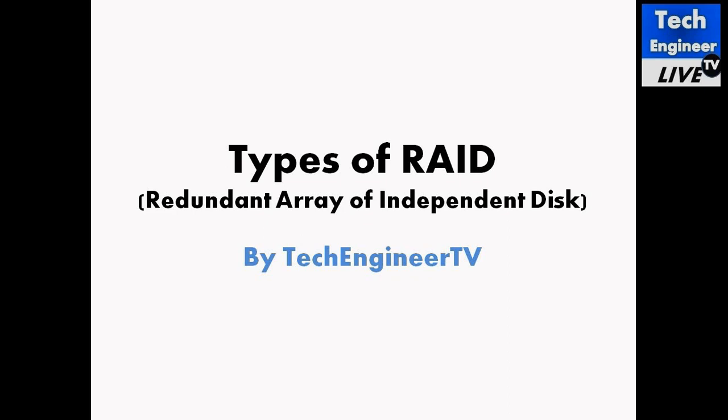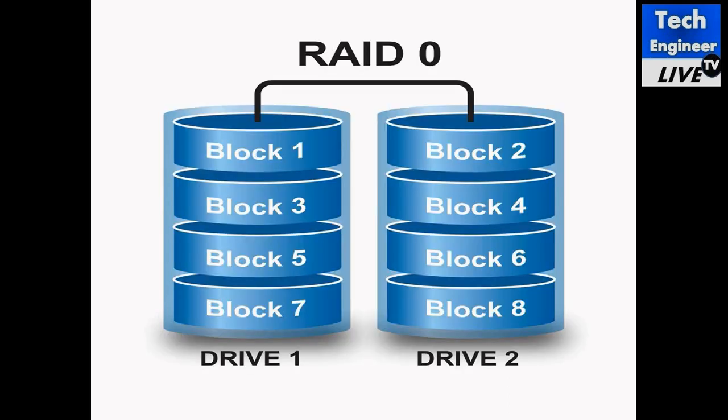Now the first type is RAID 0, and you can see that in RAID 0 the data is saved in a stripe form: block 1, block 2, block 3, block 4.